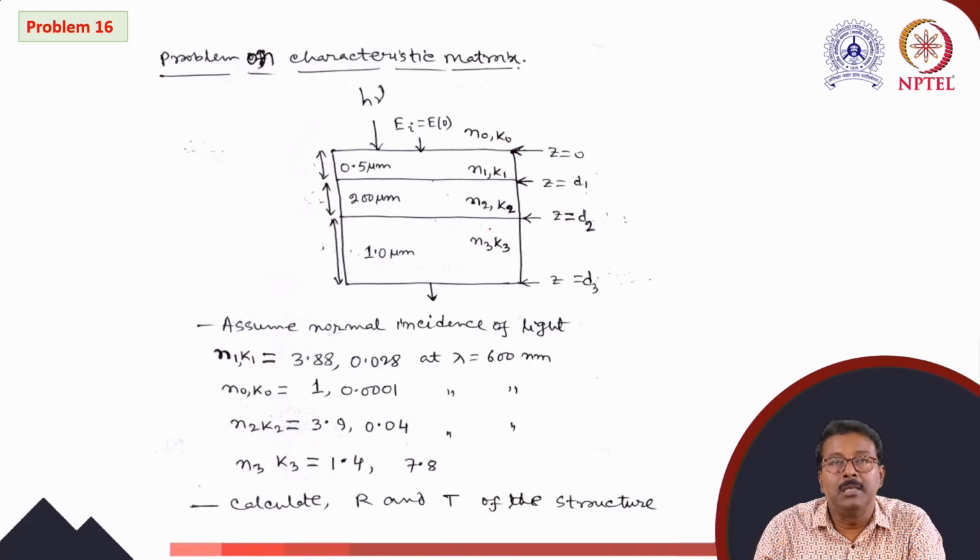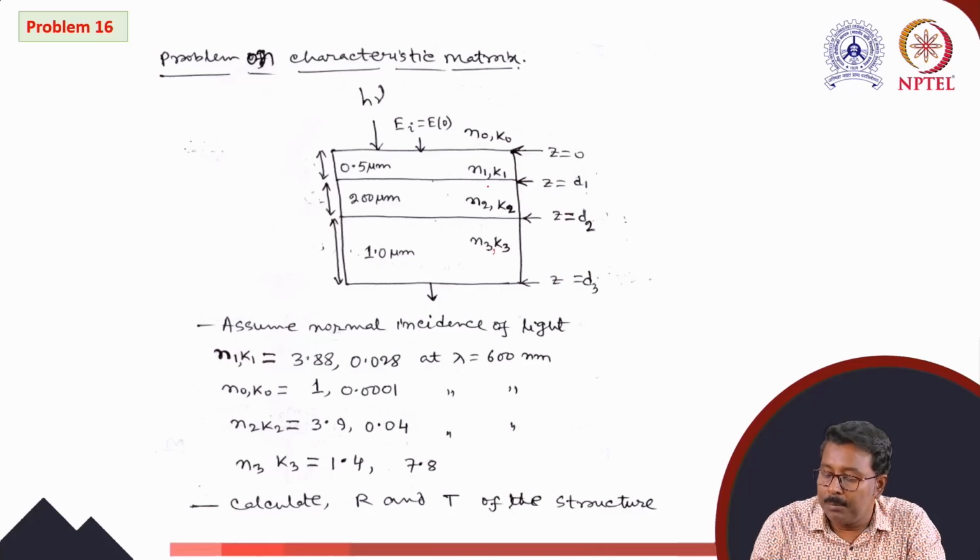The NK values, that is the real part and imaginary part of refractive indices for the layers, are also mentioned as N0, K0, that is air, N1, K1, N2, K2, N3, K3, in this way. And to use the formula we have discussed in the optical modeling, the interface coordinates are very important.